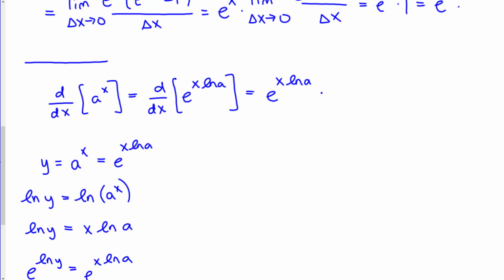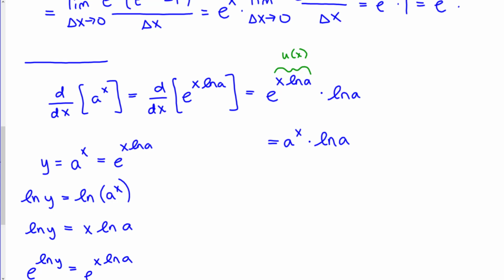And u in this case is my exponent. So the derivative of u here is just the natural log of a. And to clean this up, we said that a to the x is the same thing as e to the x natural log a. So that means this is a to the x times the natural log of a, which establishes both rules here.